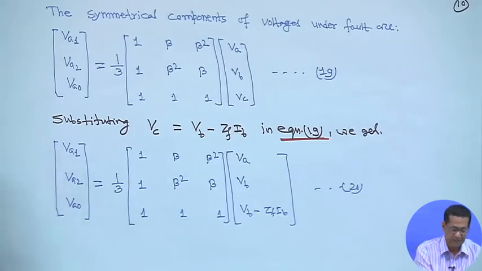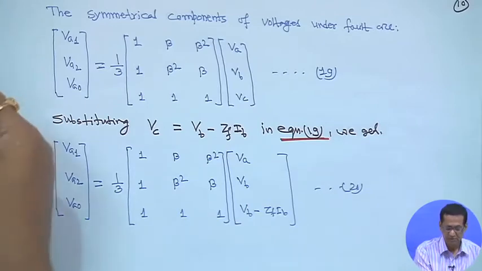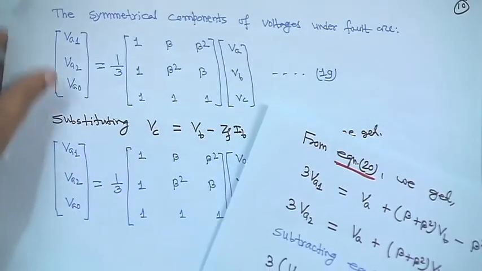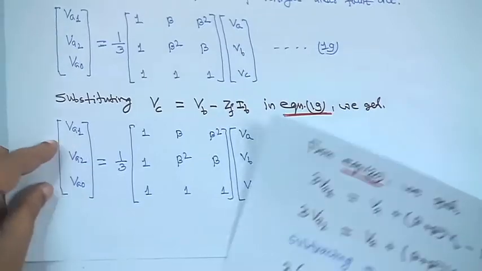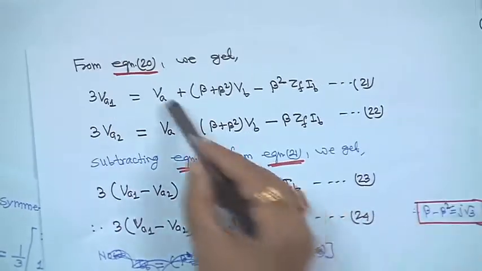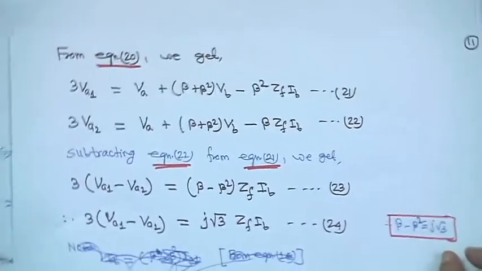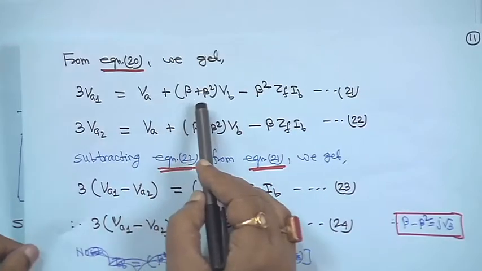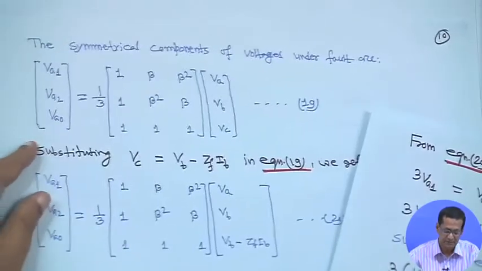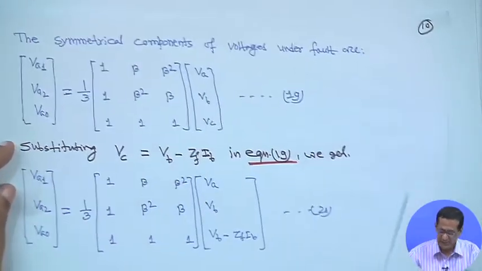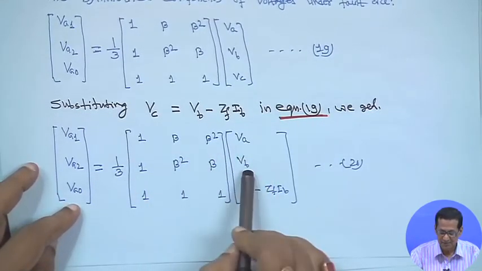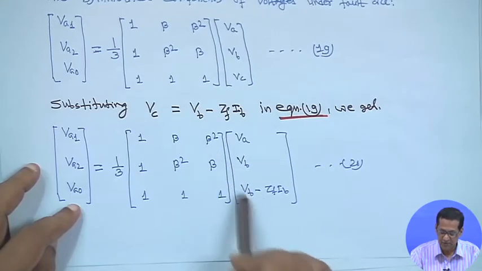Now, from equation 20, if you make VA1, it will be 1/3 of everything. Cross multiplying, 3 VA1 is equal to VA plus beta VB plus beta square into VB minus ZF IB.